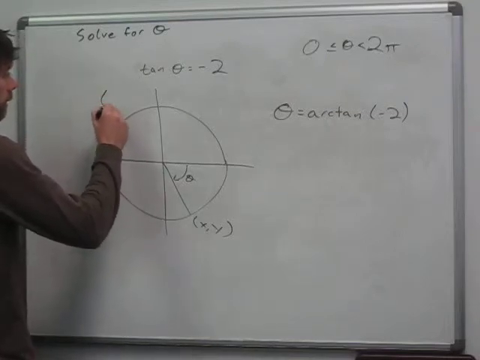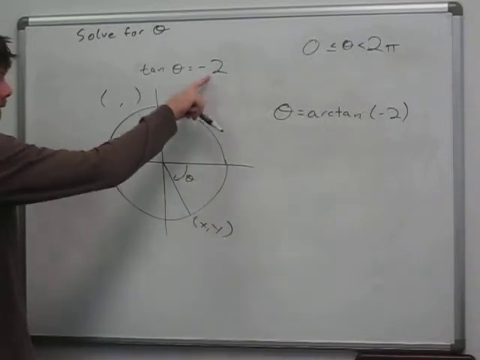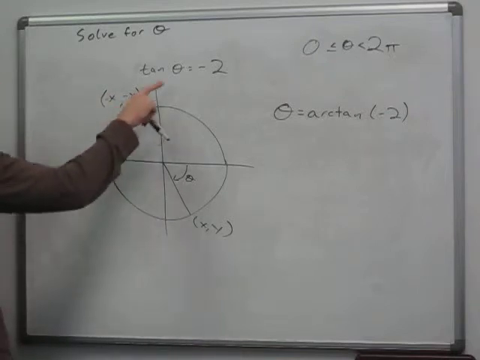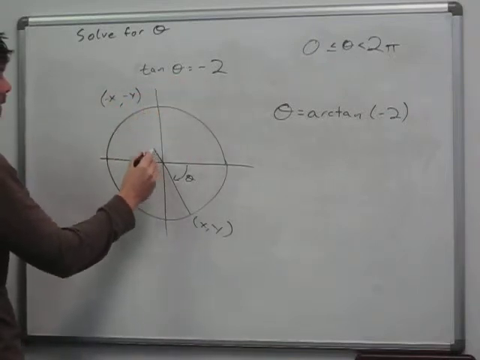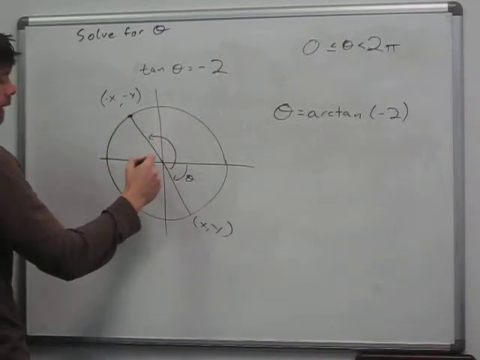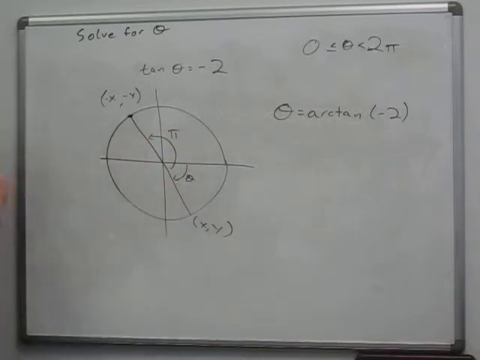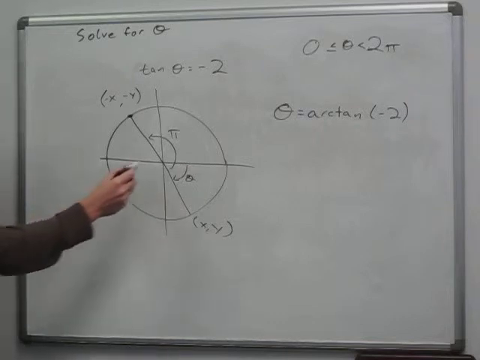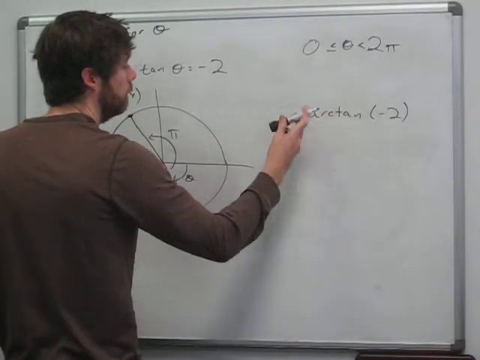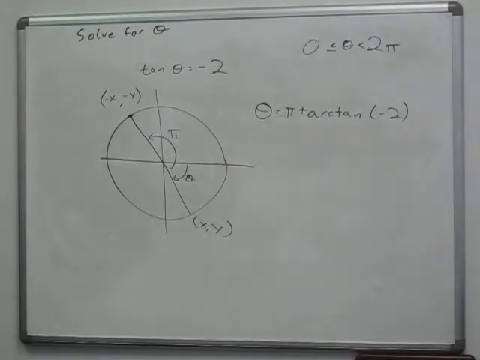So again, if y over x gives me a tangent value of negative 2, then negative y over negative x will also give me a tangent value of negative 2. And again, this is just 180 degrees from this point to this point. So the angle starting at 0 and landing at this point is going to be pi plus arctangent of negative 2.